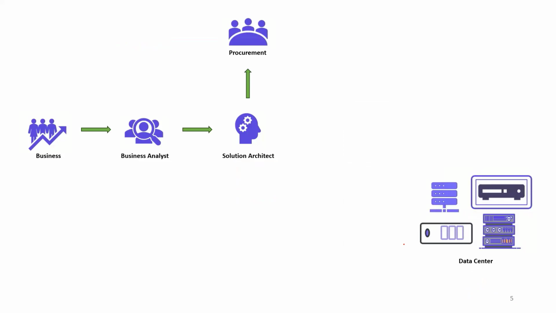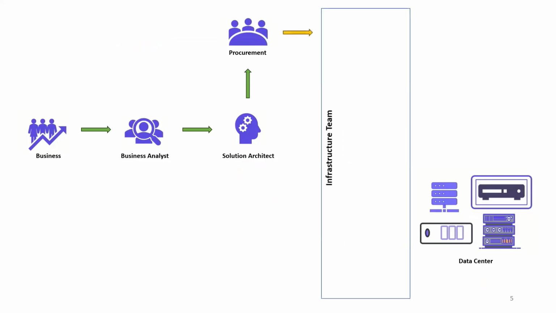Once the hardware is received at the data center, the field engineers will come into the picture. What will the field engineers do? They take care of the rack and stack mechanism: whatever hardware they have received, they assemble and arrange it in the racks.